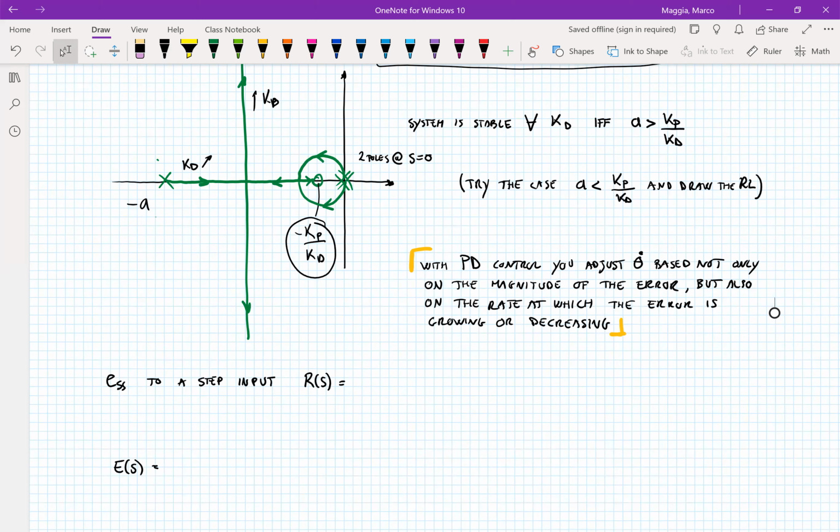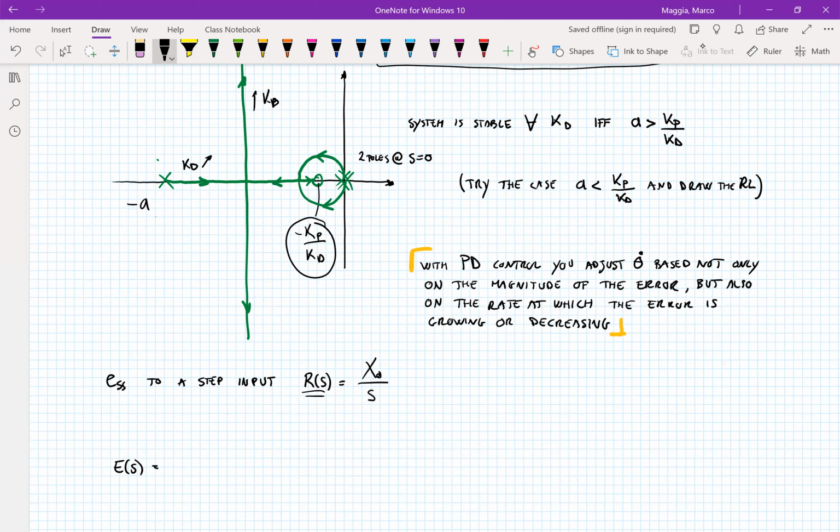What's a steady state error? It's the difference between the actual position at the end and the reference position. So if the steady state error is 0, it means that we are exactly at the stop sign. As I explained, the input is a step input because the reference distance that we have to cover is constant. So we're just going to call it x0.